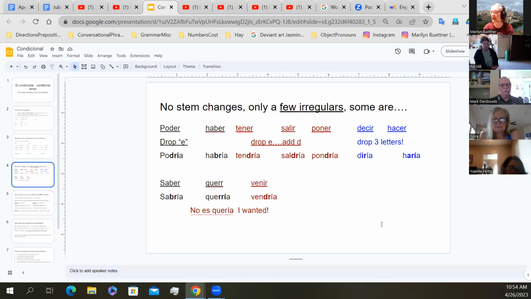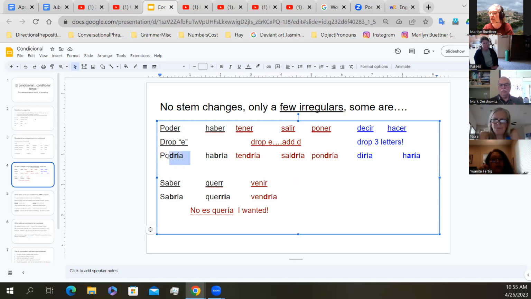Okay. And then we're going to have these, which are irregulars. These are not all of the irregulars, by the way, but you're going to notice some things like ser is not irregular in conditional. Ir is not irregular. You're used to those two verbs being irregular all the time, but not in this particular tense. And so this isn't all of them, but these are going to be things that you hear quite a lot.